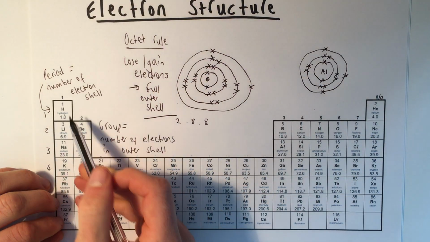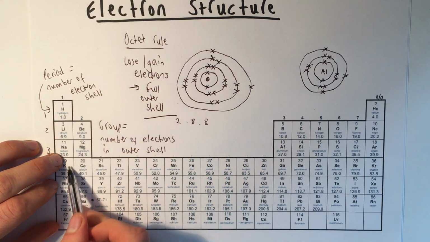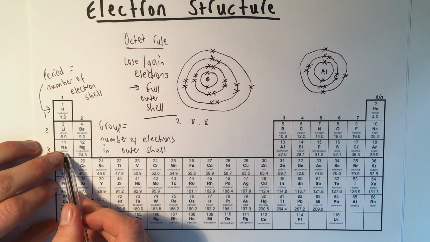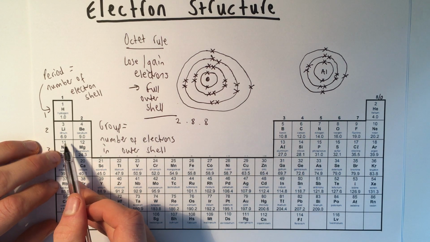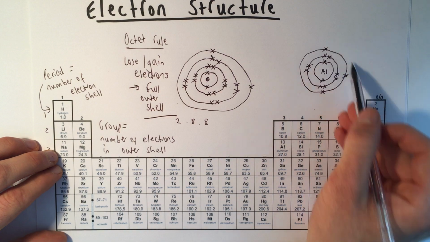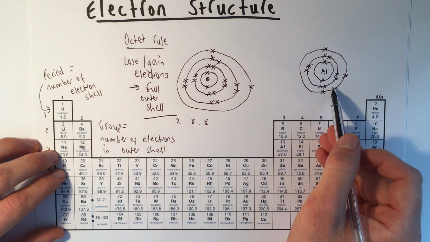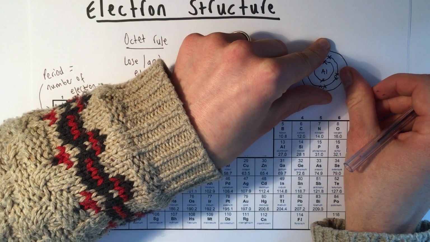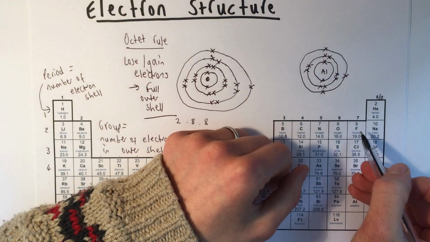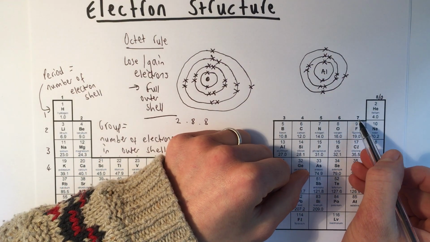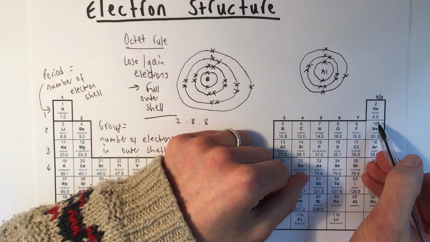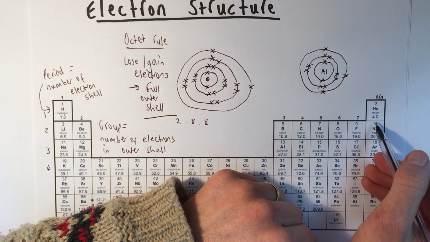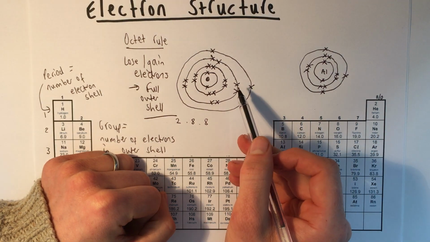So for example, if we looked at sodium, it's in group 1, it's got 1 electron in its outer shell. To get its full outer shell, it's going to lose 1 electron. Aluminium here has got 3 electrons in its outer shell. To get the full outer shell, it's going to lose those 3 electrons. Or fluorine, which has got 7 in its outer shell and wants just 1 more, would gain 1 electron to get its full outer shell. So that's why electron structure is important.